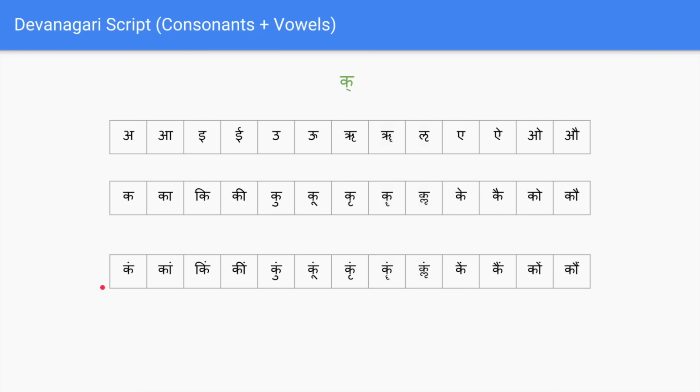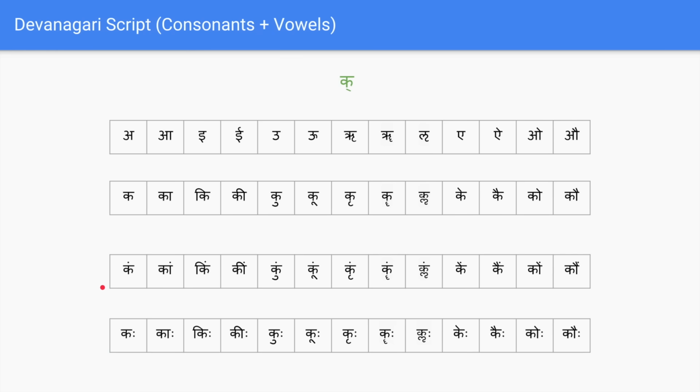And similarly, there are two dots kept next to the letter, which is called visarga. The visarga pronunciation repeats the previous vowel sound. Basically: kaha, kihi, kuhu, kruhu, kehe, kaihi, kohu, kauhu.